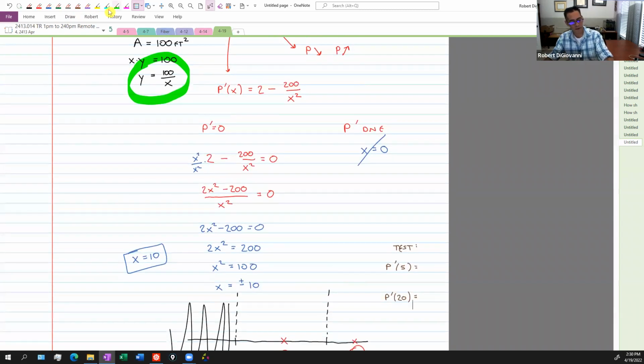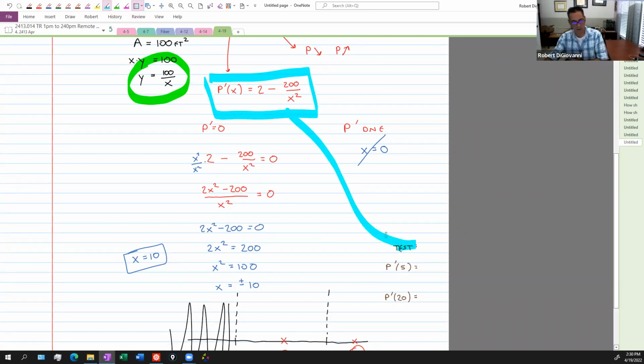Here's your derivative highlighted in blue. There it is. And I want to test that there. Shall we plug in 5? Sure. 5 squared is 25. 200 divided by 25 is 8. 2 minus 8 is a negative number, right? So that means that I get a negative here.